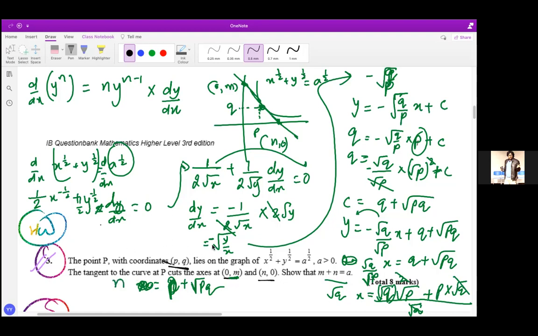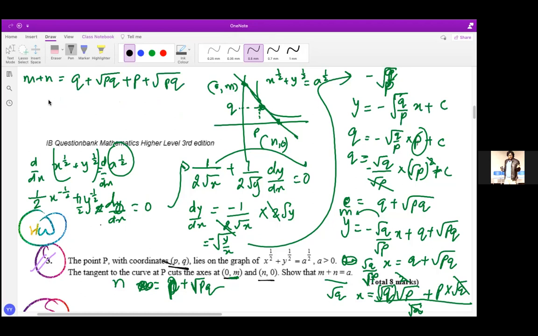Now I'm going to add m and n both. So the value of m is this, and the value of n is this. So I'll just clear out everything here. So we have now m plus n will be q plus root pq plus p plus root pq.